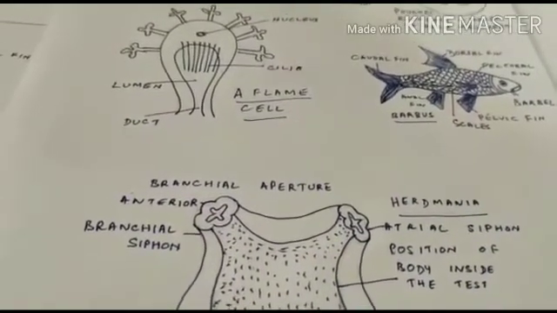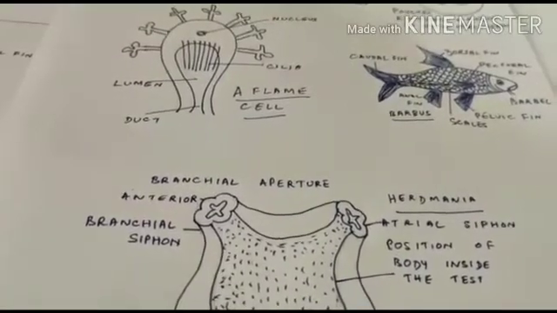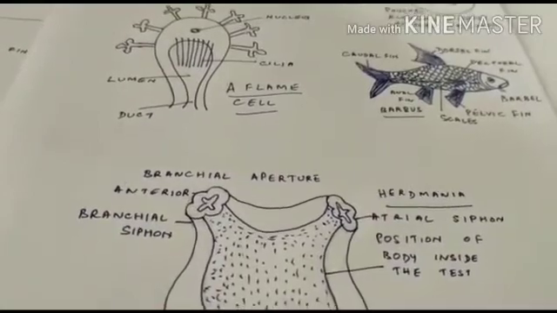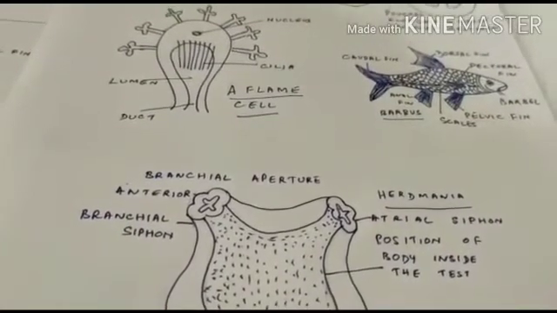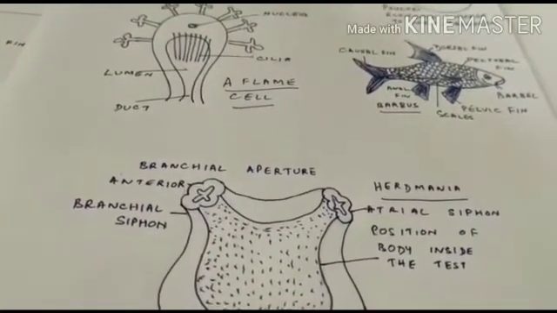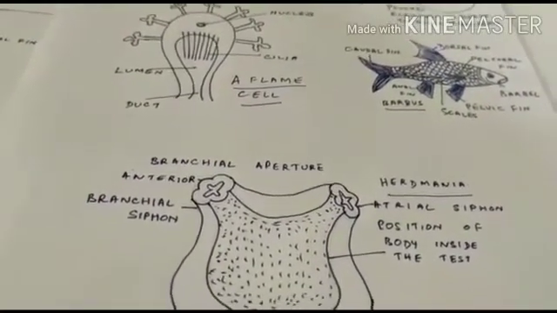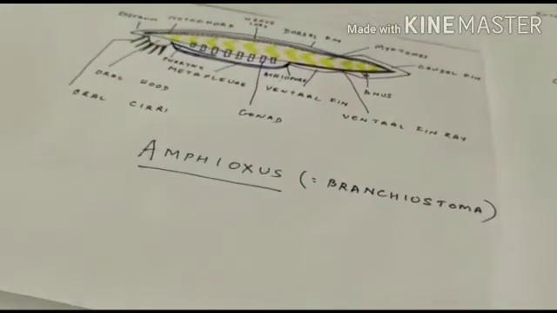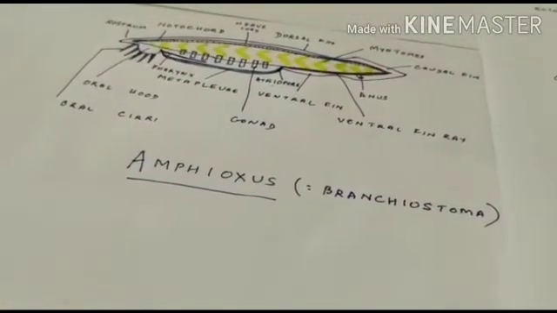And the third category are the degenerate. Degenerate would mean complex characters are simply lost, or they turn into very simple characteristics. So thus there are three types of features: primitive features, specialized features, and the degenerate features.